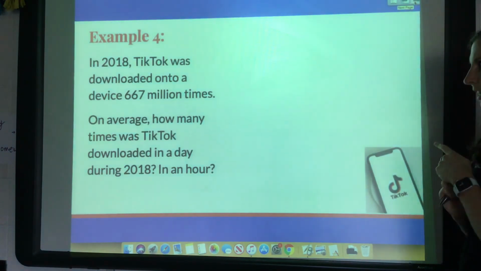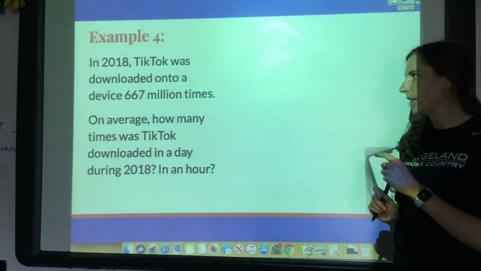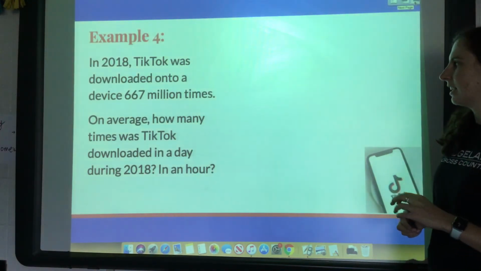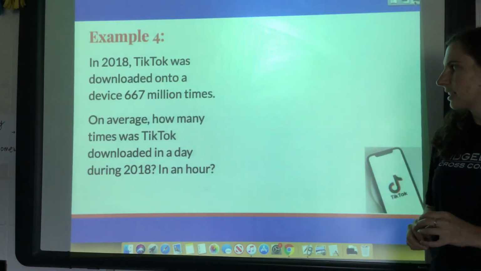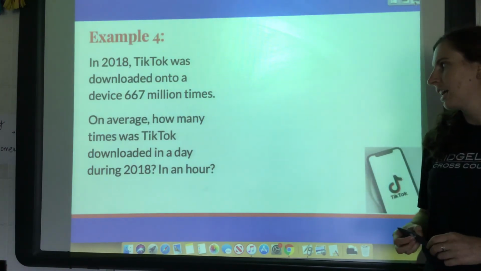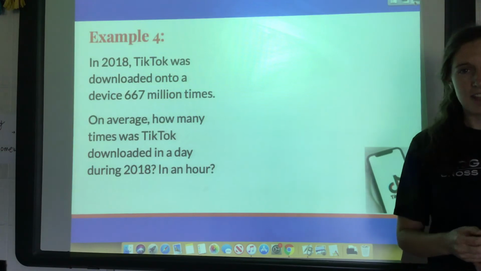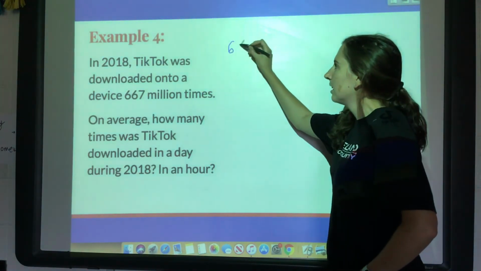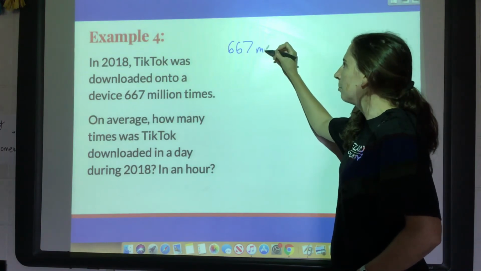This is real, by the way. In 2018, TikTok was downloaded onto someone's device 667 million times. So on average, how many times was it downloaded in a day? Let's think about this. So this is 667 million.